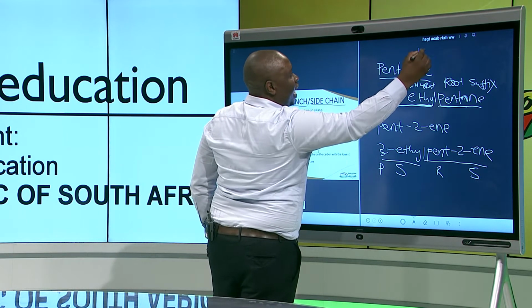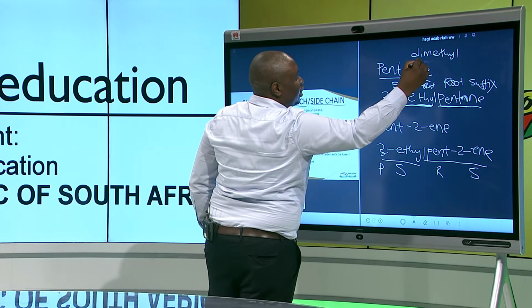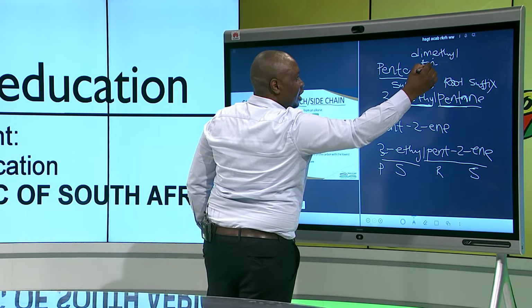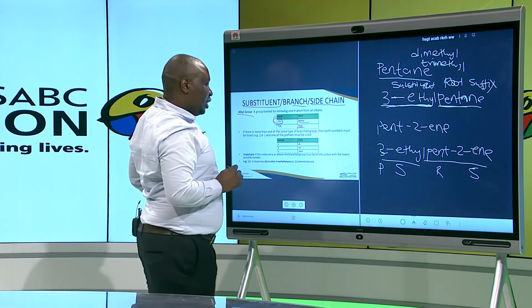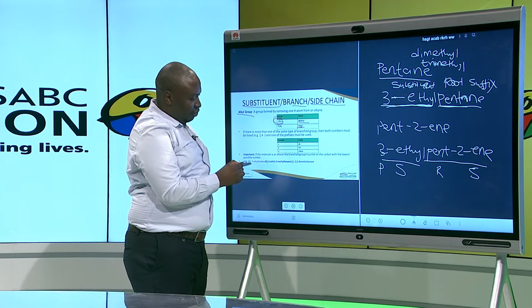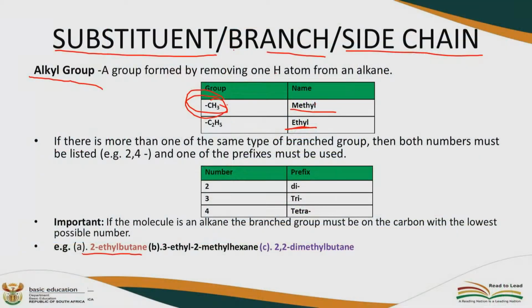If there are 2 methyl, you'll say dimethyl. If there are 3 substituents that are methyl, you'll say trimethyl, and so on, but always indicating the position. I've shown the example here. You can have what we refer to as 2-ethyl butane. You can have 3-ethyl 2-methyl hexane.